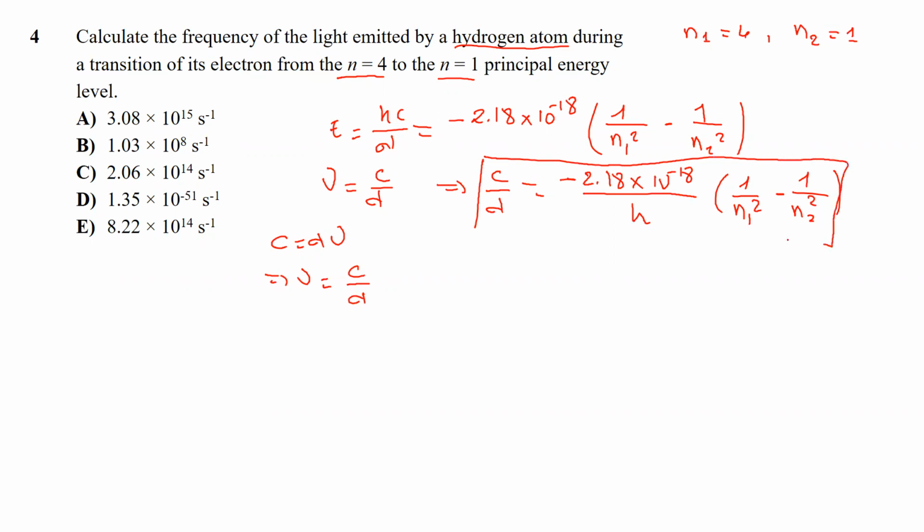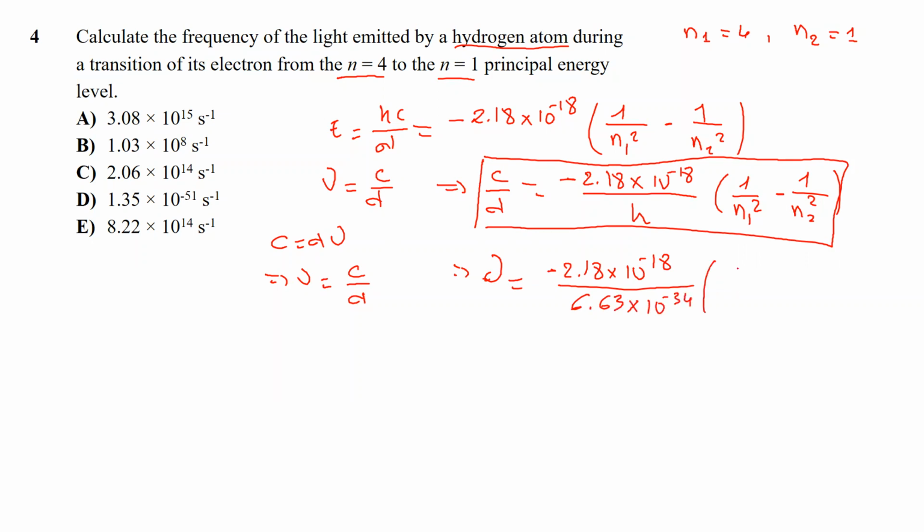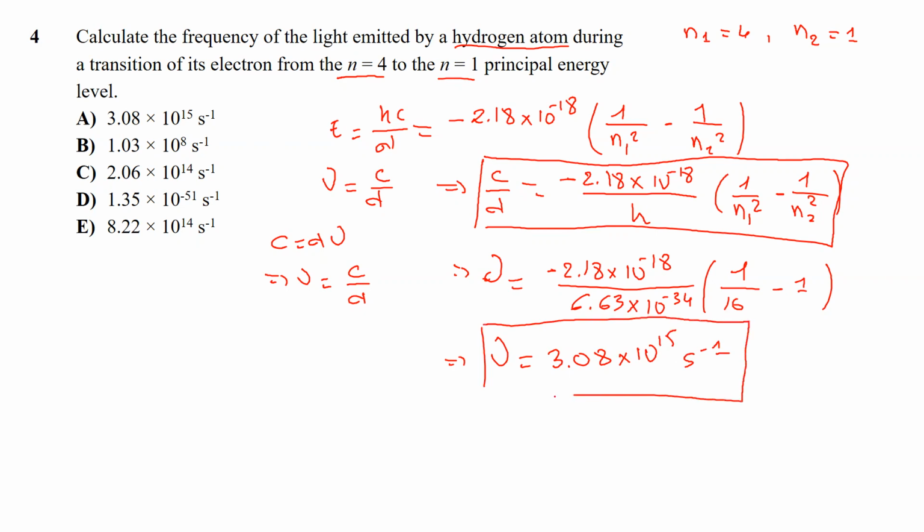So we can calculate the frequency nu. Nu equals minus 2.18 times 10 to the power minus 18 divided by 6.63 times 10 to the power minus 34, multiplied by 1 over 4 square, 16, minus 1. And nu will be equal to 3.08 times 10 to the power 15 second minus 1, or hertz. Okay, so our answer is A.